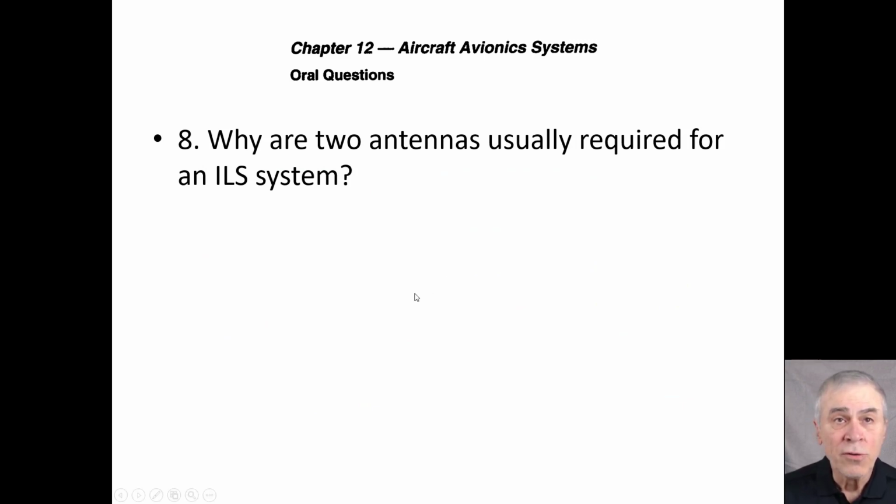All right, why are two antennas usually required for an ILS system? Okay, we saw an example or two of where they actually combine them, but that's not the usual configuration. That's quite a big antenna, as you can imagine, and you don't really see those on aircraft.